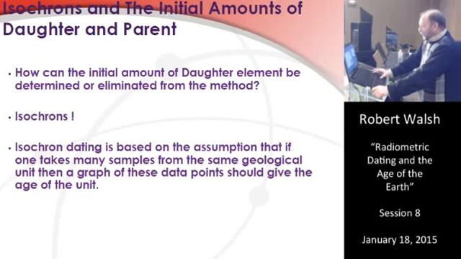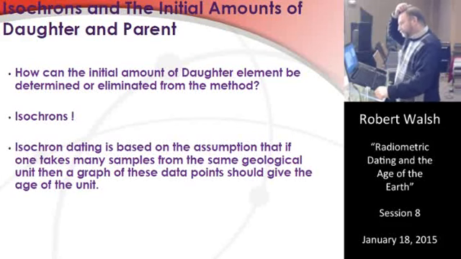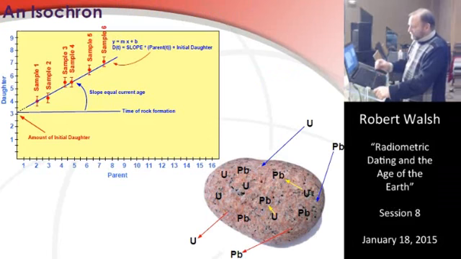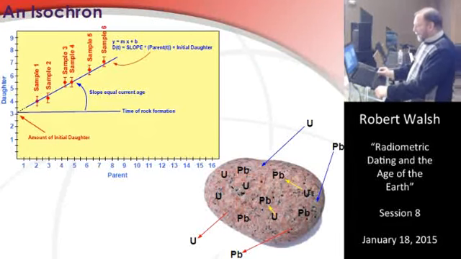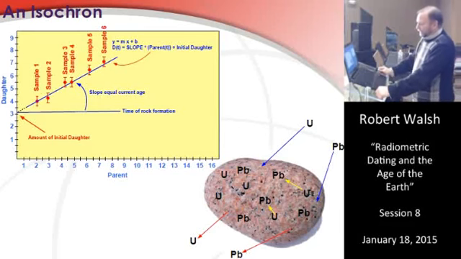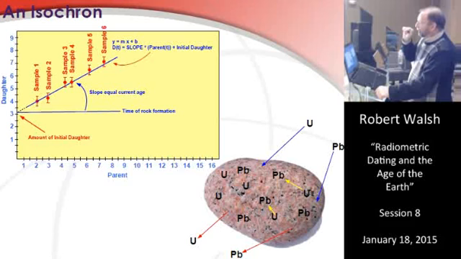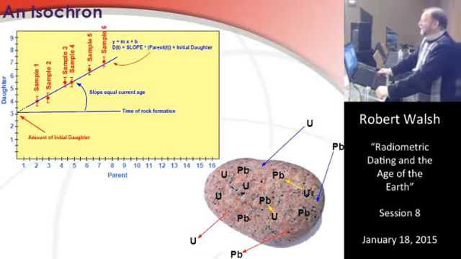Okay. So the idea here is that let's suppose we have a specimen, uranium-lead, and we take various samples, and you can see what we have here. You have these various samples, and if you graph them and plot the line like this, then you curve fit a straight line to this data. Where that line crosses the vertical axis should be the original amount of daughter. Okay?